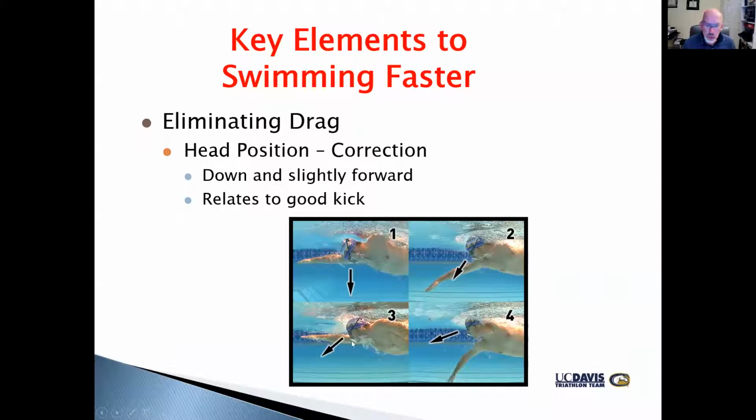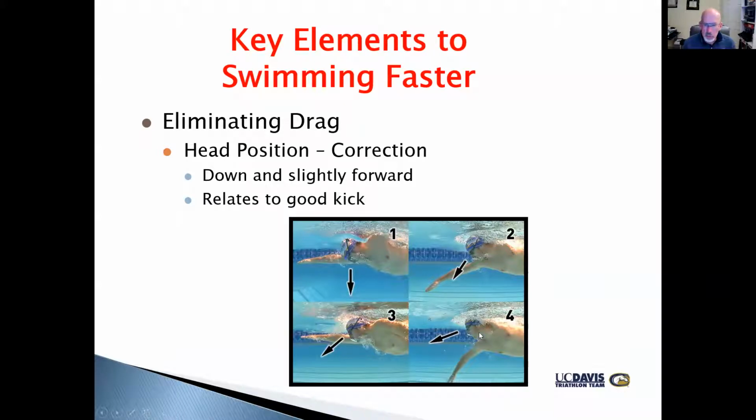So usually 2 and 3 are the best options, 2 being the best, where you can see out in front of you, but you can also maintain a good horizontal position with the torso and the hips because your head is not coming up so far.